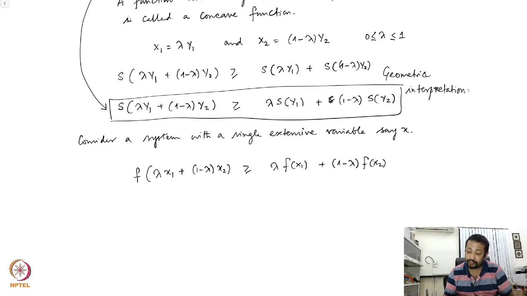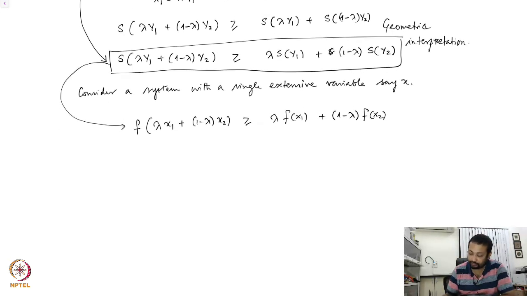To make our life simple, we consider a system with a single extensive variable x, which is like looking at a function of one variable. So I have just written down this inequality in terms of a function of one variable.